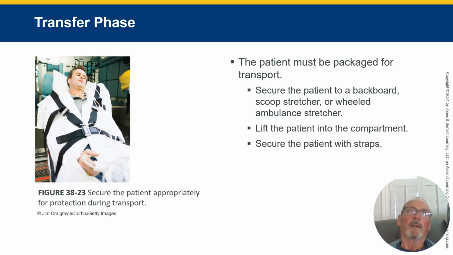Don't try to walk up those steps carrying a patient on a scoop stretcher or a backboard. It's going to want to tilt on you. So use the stretcher to your advantage. Put the patient on the stretcher, put them in the unit, move them from the stretcher to the bench, take the stretcher out, and then put your second patient on the stretcher and put the stretcher in.